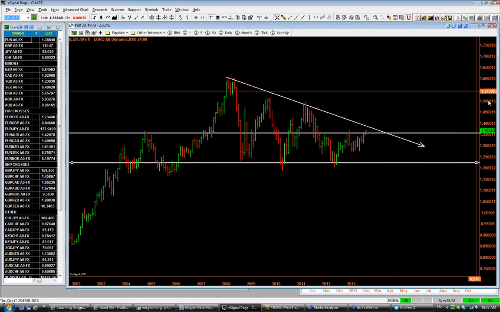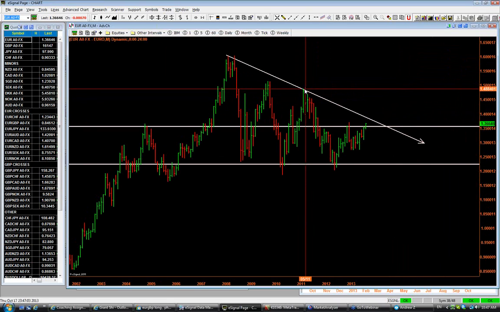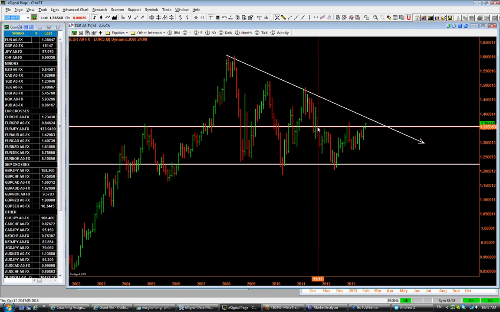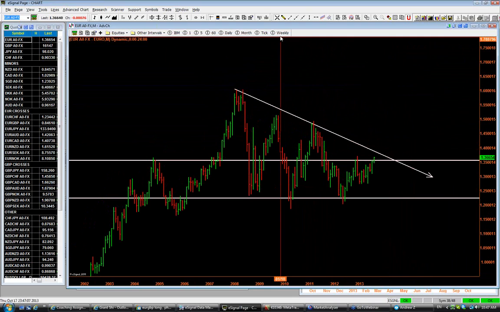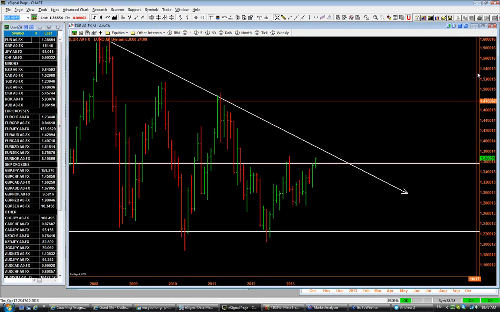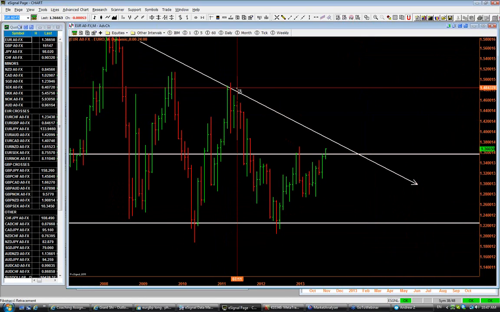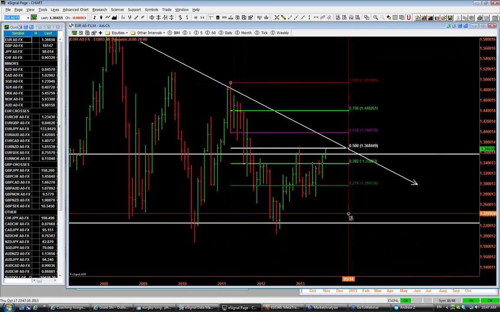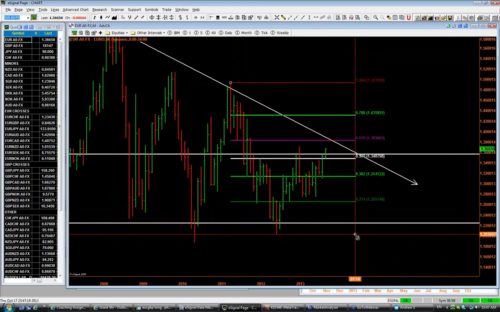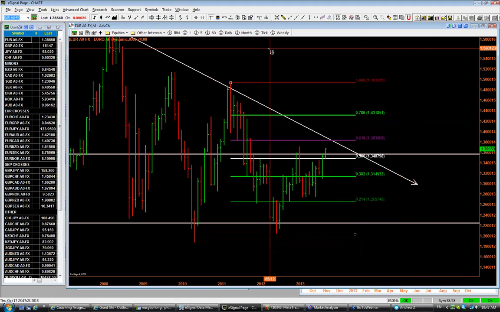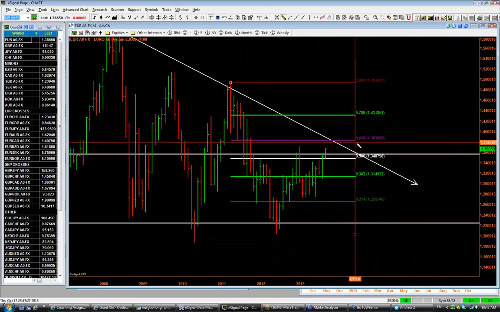So easily, we can just draw the Fibonacci from this high to this low. It's very, very easy. From the top. That's the intersection.